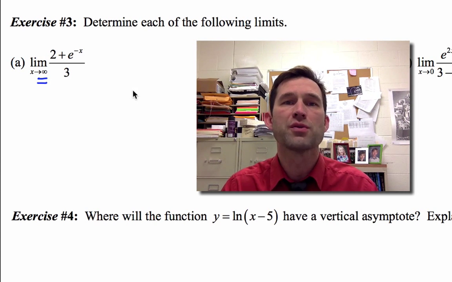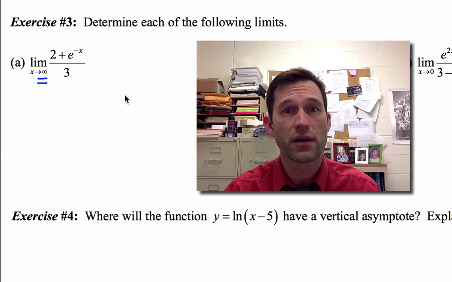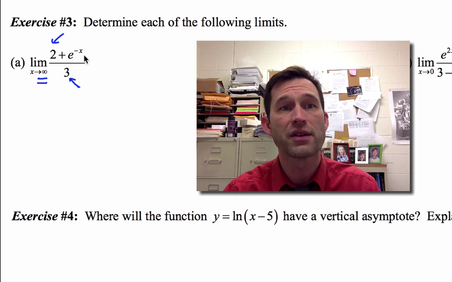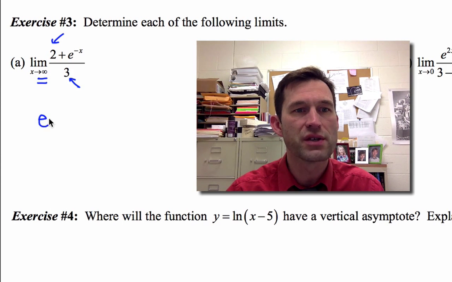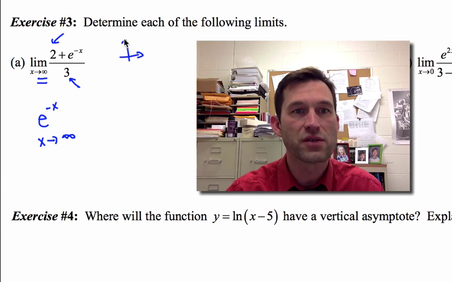One thing I always encourage my students to do when they're looking at a limit is make sure to understand what is changing and what is constant. There is no question that the 2 is a constant and the 3 is a constant. They are not changing. So the real question is, what's happening to e to the negative x as x heads towards infinity? Well, if we look at that graph of e to the negative x, I'm just going to do a very small sketch of it here.